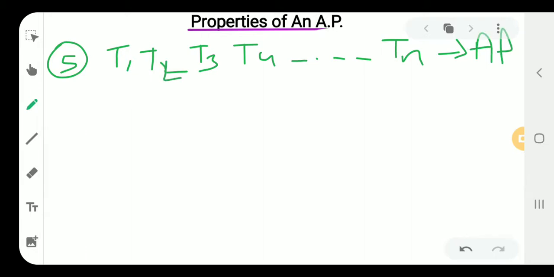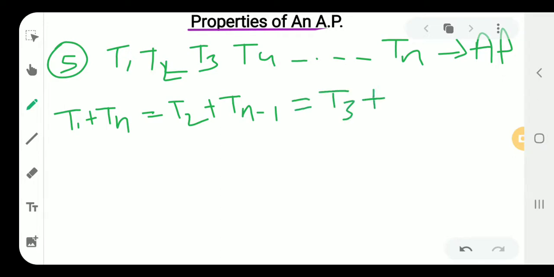Then T1 plus Tn is equal to T2 plus Tn minus 1 is equal to T3 plus Tn minus 2, and this continues, which means that the sum of the first and the last term is equal to the sum of the second term and the second last term, is equal to the sum of the third term and the third last term.